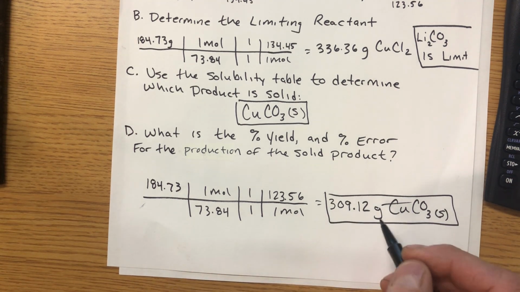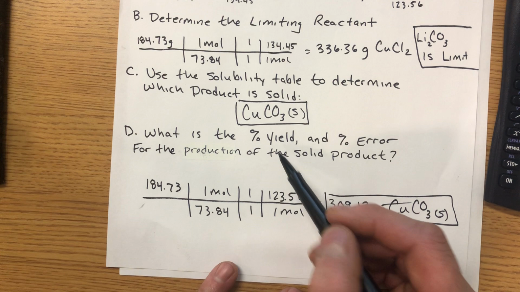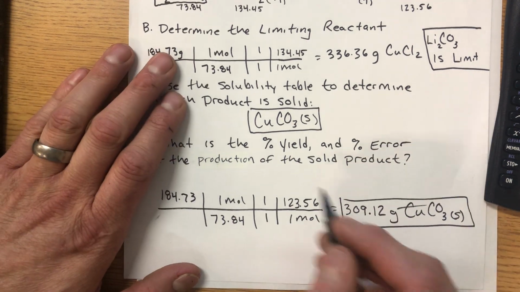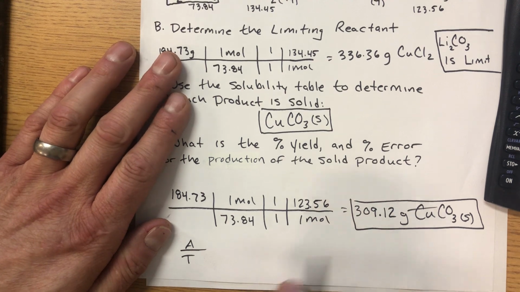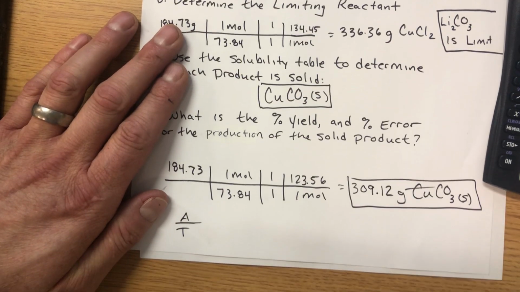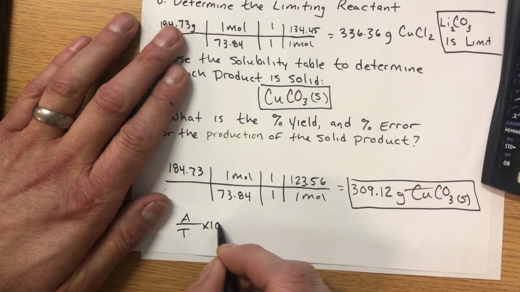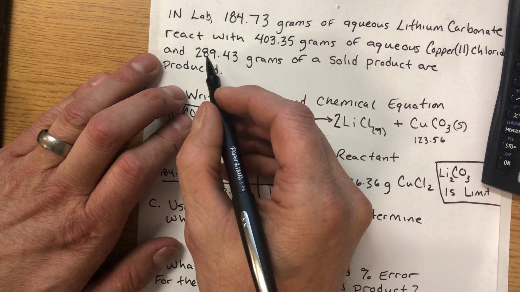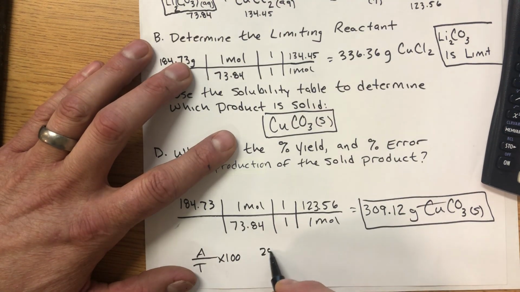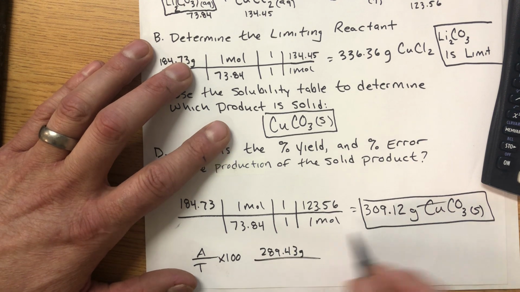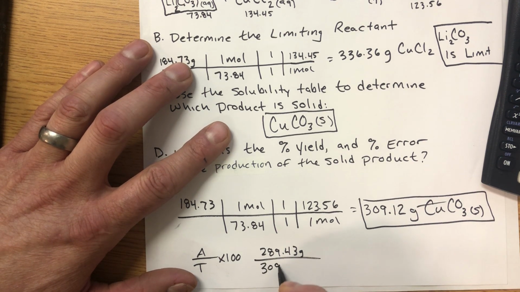Now what we want to do is our percent yield. So we're going to take our actual over the theoretical and then multiply that fraction by 100. And that looks like this. Our actual production given to us in the problem is 289.43, and then we theoretically should have produced 309.12.